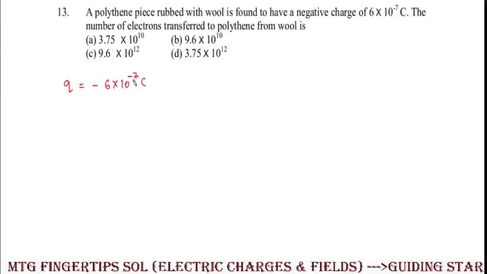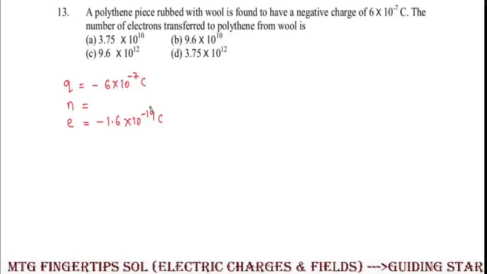The number of electrons transferred to polythene from wool, n, is asked. What is the charge of an electron? That is minus 1.6 into 10 to the power minus 19 coulomb.